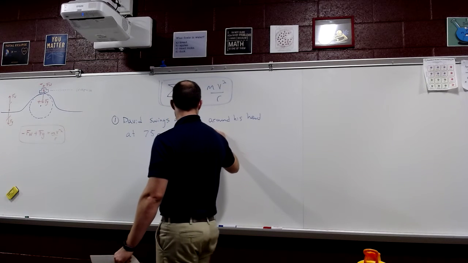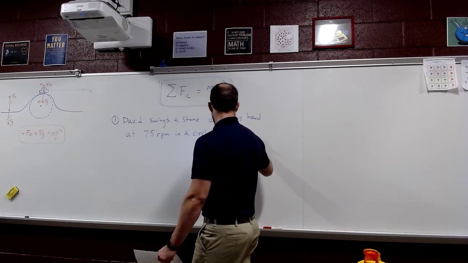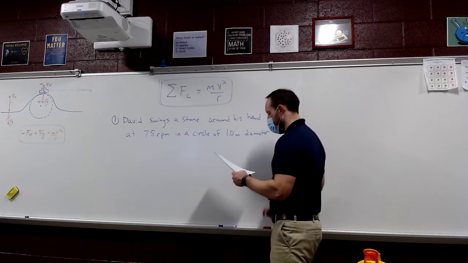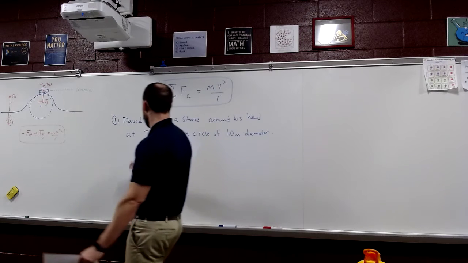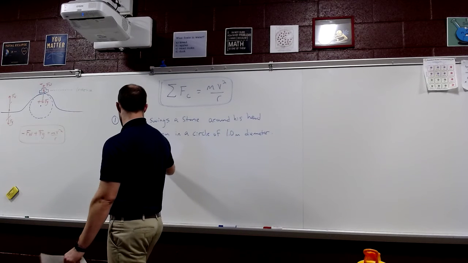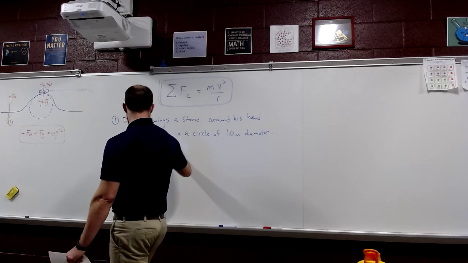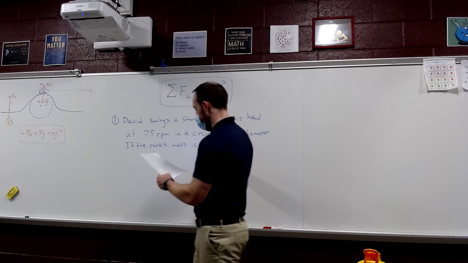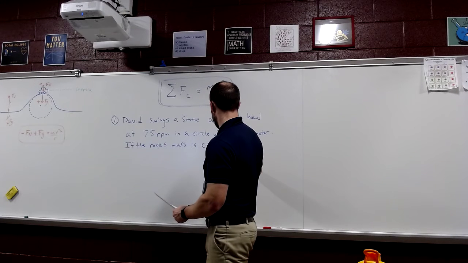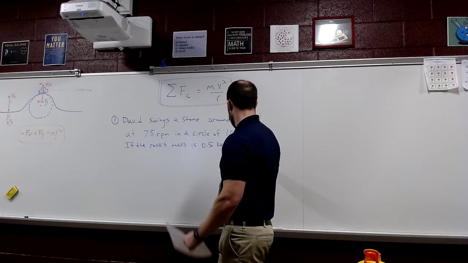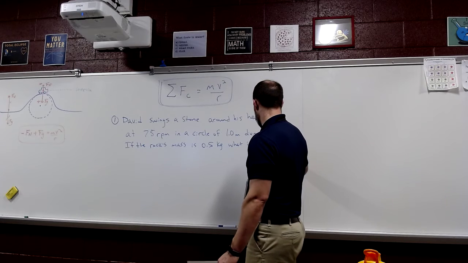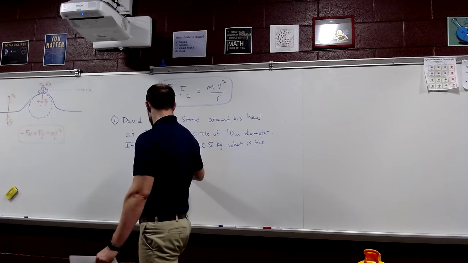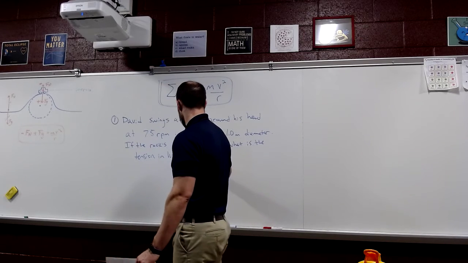In a circle of 1 meter diameter, if the rock's mass is 0.5 kilograms, what is the tension in his sling?